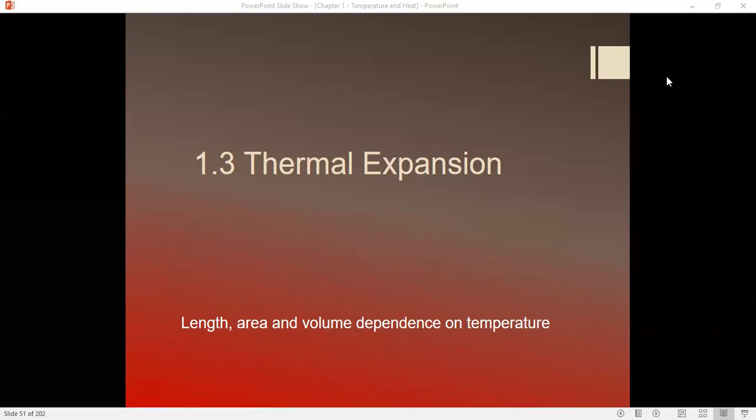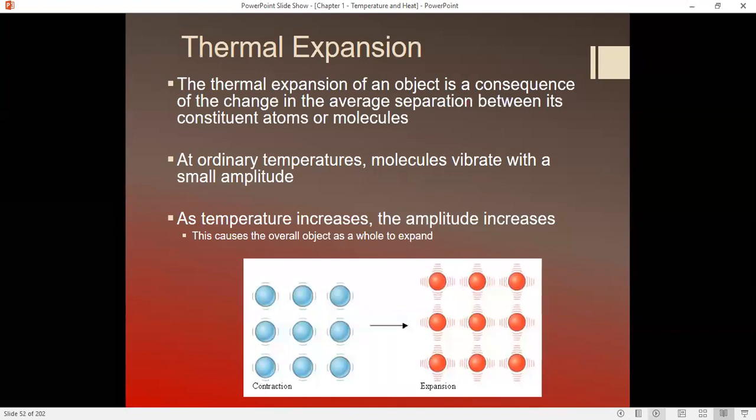If we think about a solid or a liquid, and we see how the molecules are set up, let's say looking at a solid. As we increase the kinetic energy, what's actually happening here is these individual molecules are vibrating back and forth with some amplitude. The more amplitude that they have, the more distance that they're going to create between their neighbors.